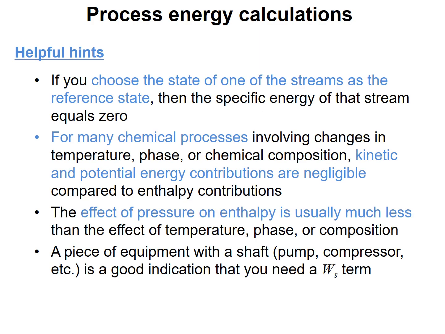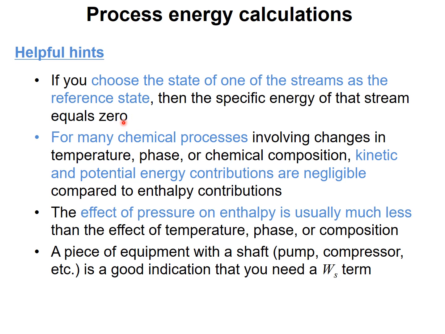Right now, we have energy balance equations in our hands. Then it's time to go to process energy calculations by using the energy balance equations. Here is some hint for how to calculate the process energy. If you choose the state of one of the streams as the reference state, then the specific energy of that stream equals 0.